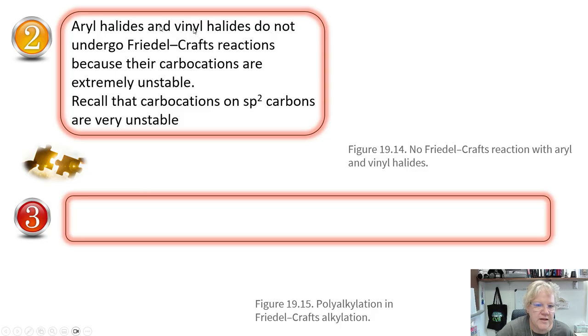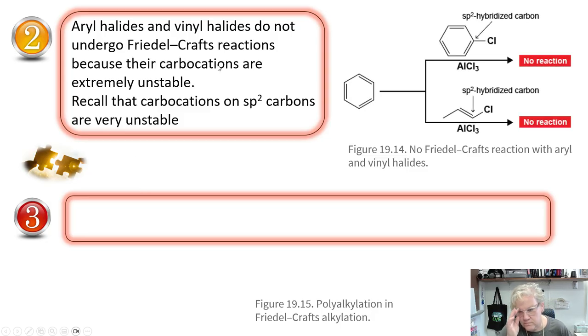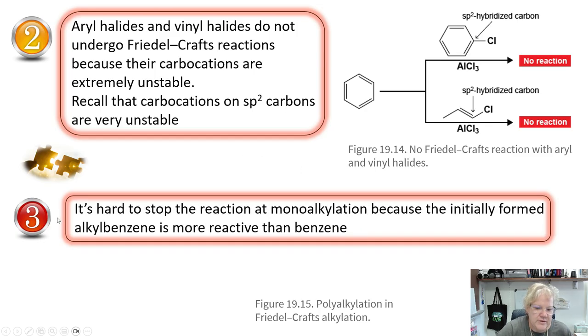Drawback 2, aryl halides and vinyl halides are a no-go. Okay, so aryl halide like this, vinyl halide like this, we've got these sp2 hybridized carbons, you're going to get no reaction. Okay, so you can't do it with those. Number 3 is it's hard to stop these reactions at only one or a monoalkylation.